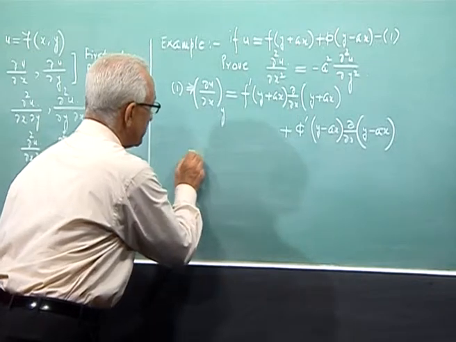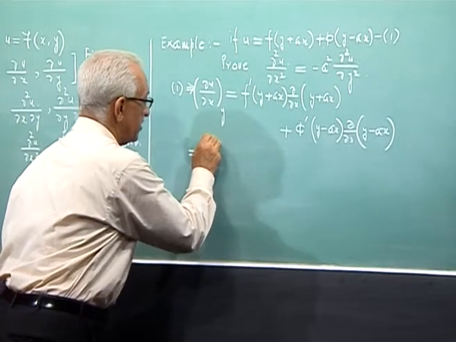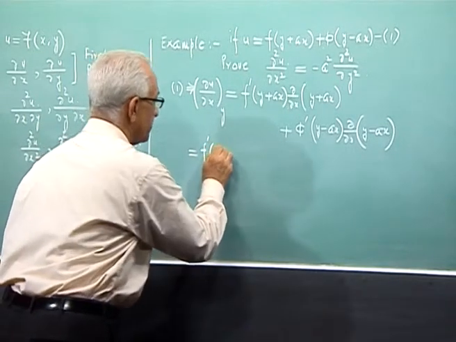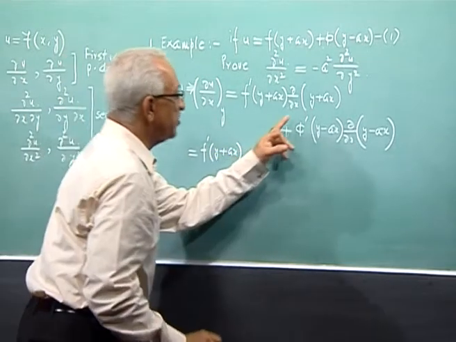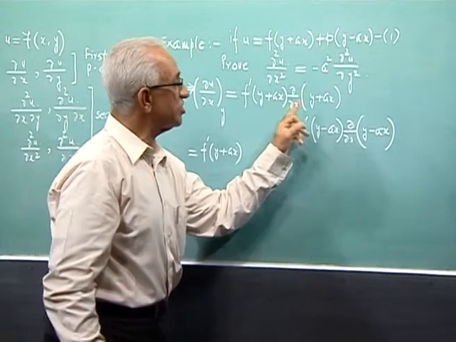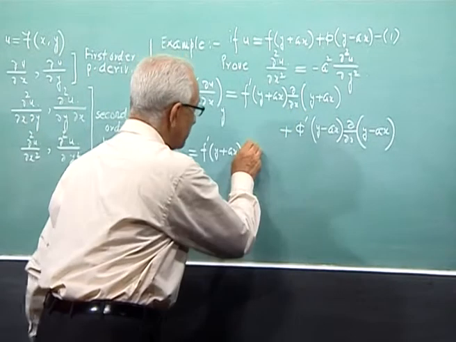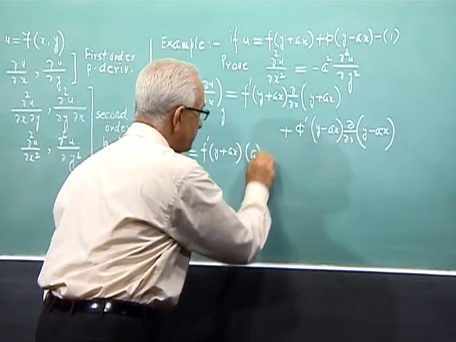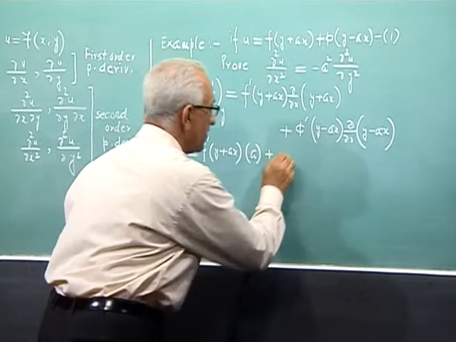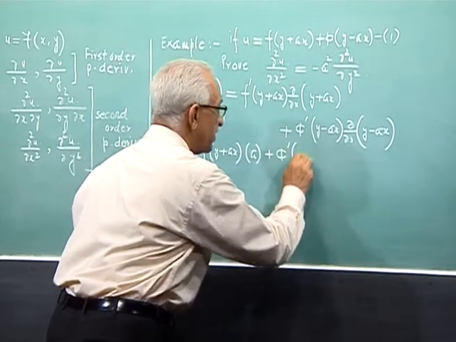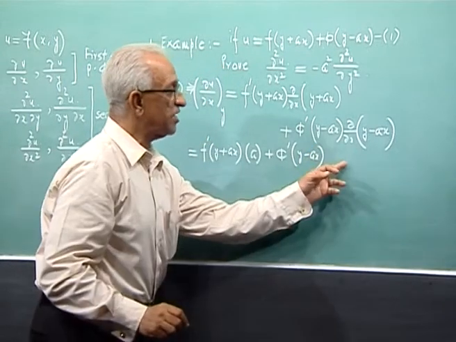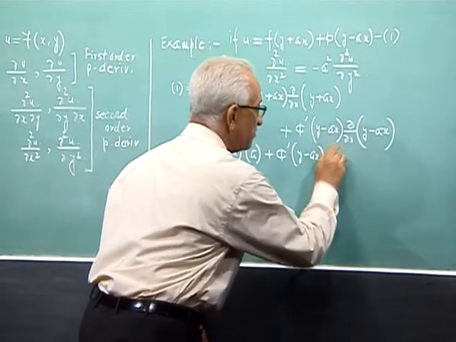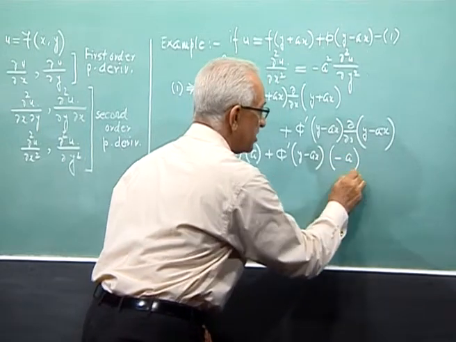So I'll be continuing the right hand side as this. I'll be writing f dash, no change in it, of y plus ax. Look into the second term. Doing with respect to x, keeping y constant, this will become 0, and we will have only a from the first term. Second, phi dash will remain phi dash without any change, and then with respect to x again, y becomes 0, so we will have minus a.